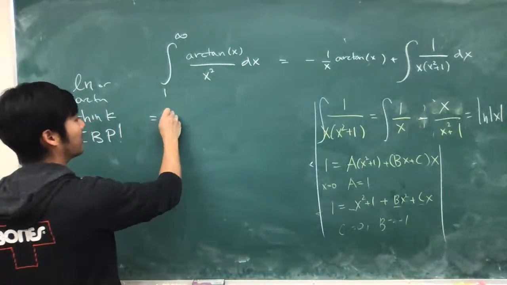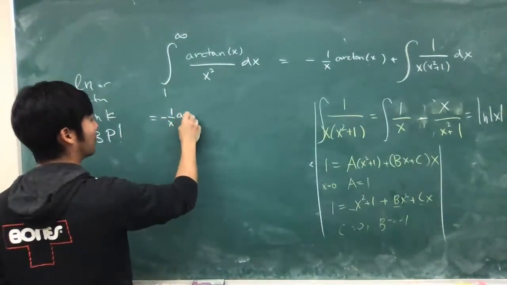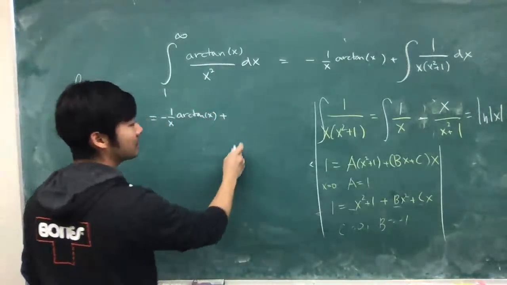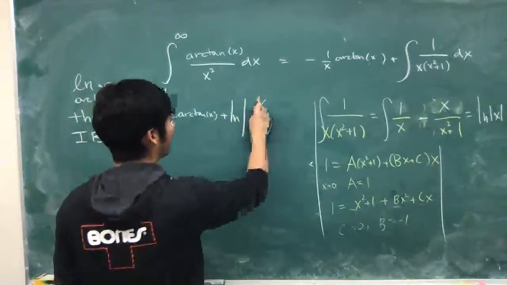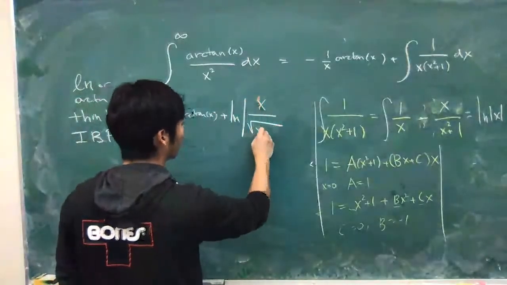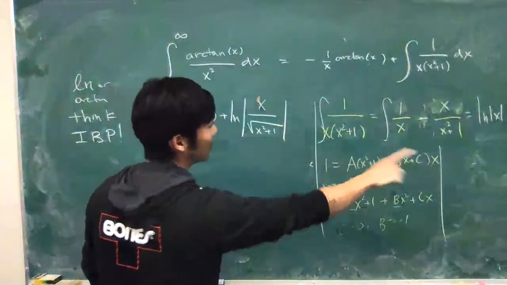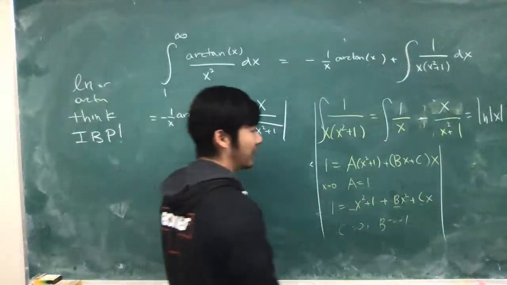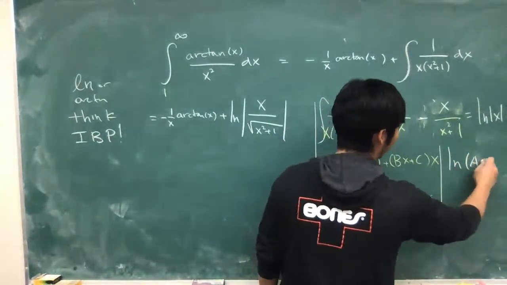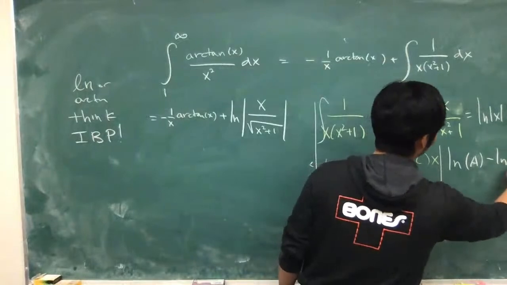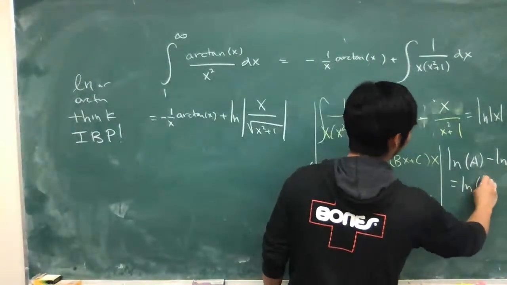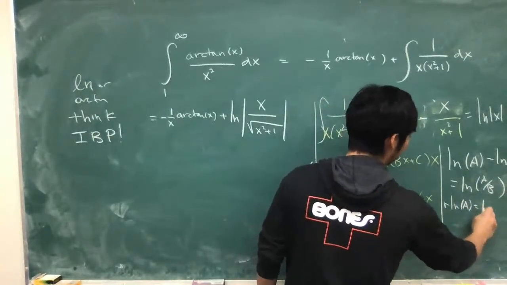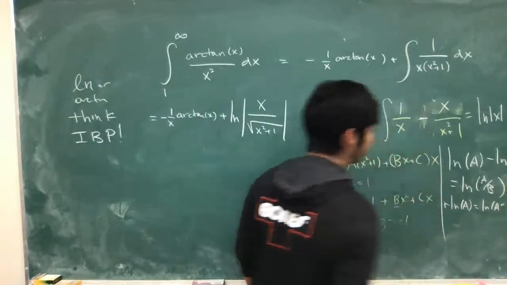You would get negative 1 over x arctan of x, plus natural log of x over square root of x squared plus 1. Here I used the properties of log, that natural log of a minus natural log of b is equal to natural log of a over b, and also r times natural log of a is natural log of a to the r.